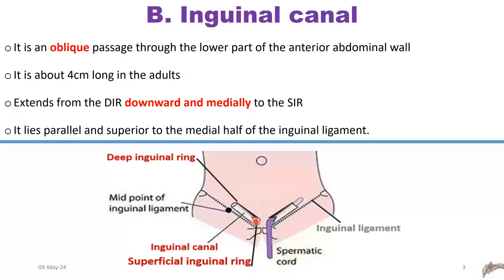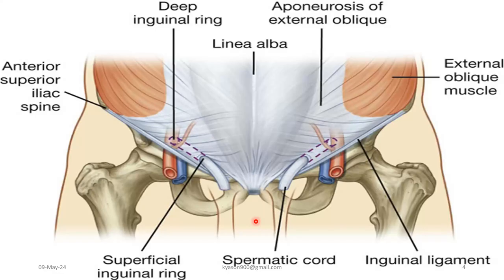Picture, it's the same story. Here you can see the superficial inguinal ring. The deep ring, well, we can't see it here, but we can extrapolate it to be around here because we know that it's situated lateral to this vessel here.